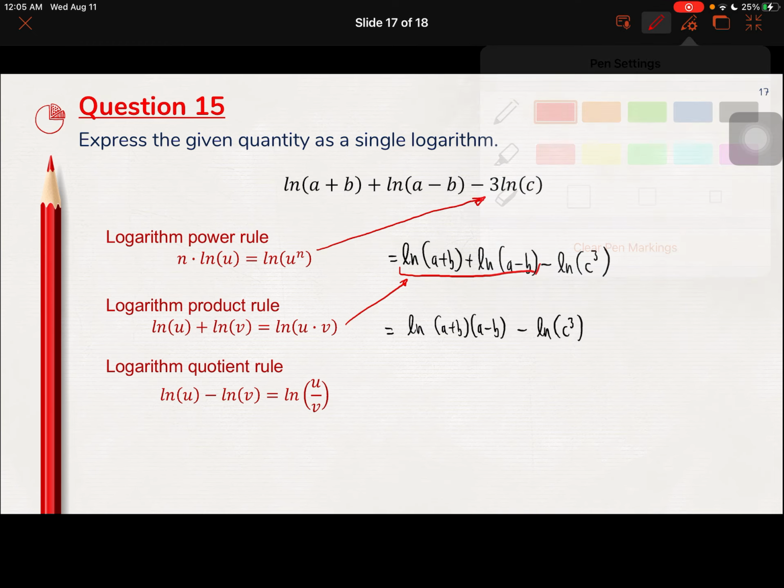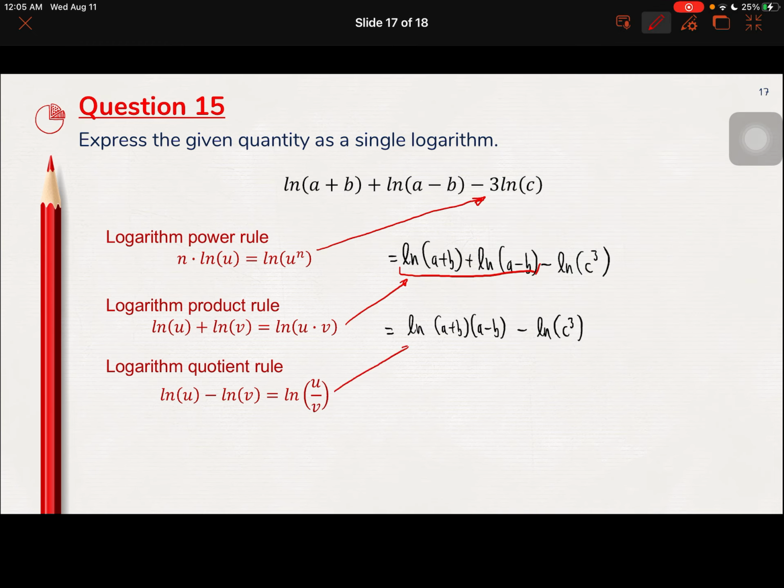So I'm going to use this to simplify this into a single logarithm. So this becomes the logarithm of a plus b times a minus b, divided by c squared.